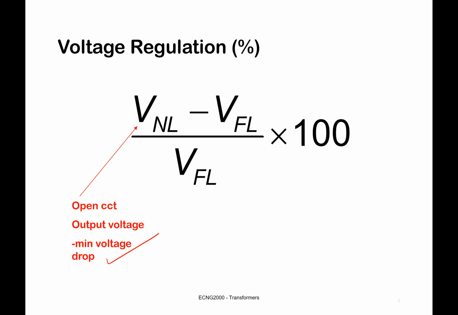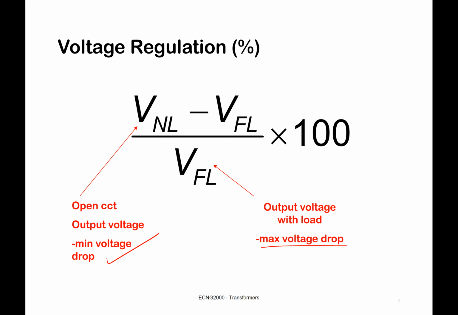So the least current flowing would be the least voltage dropping across the components, so you would get the voltage which is closest to the nameplate voltage. And then for V full load, this is when you'll have the maximum voltage drop. The maximum voltage drop that the device is rated to handle.